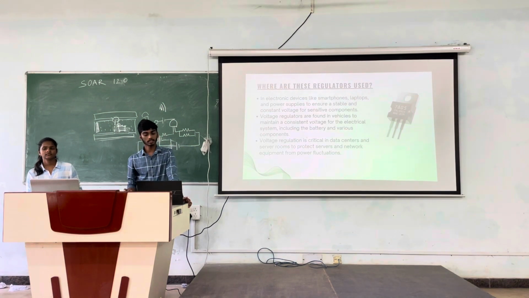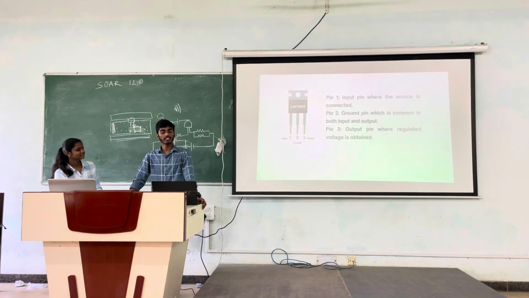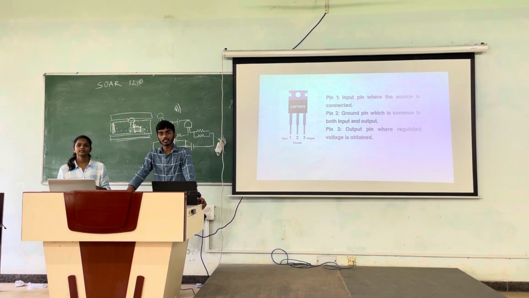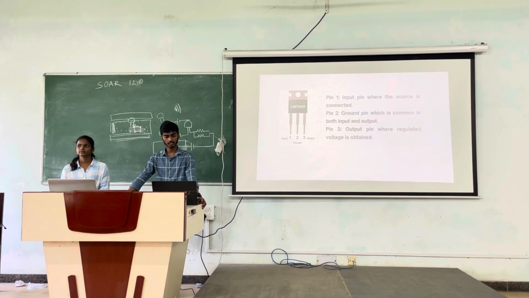Now the third application, this one is very crucial. We have the LM7805 IC. This one is a voltage regulator IC, just an example of a voltage regulator IC. Let's see its pin diagram first.